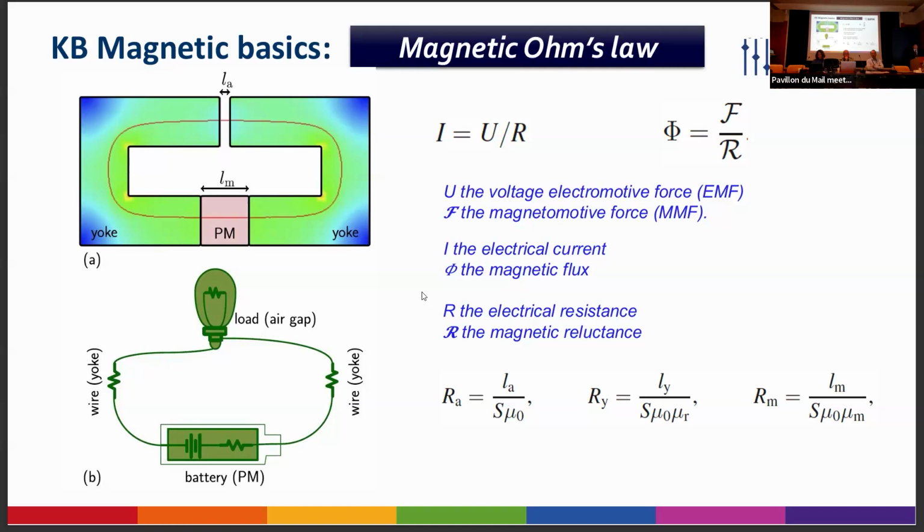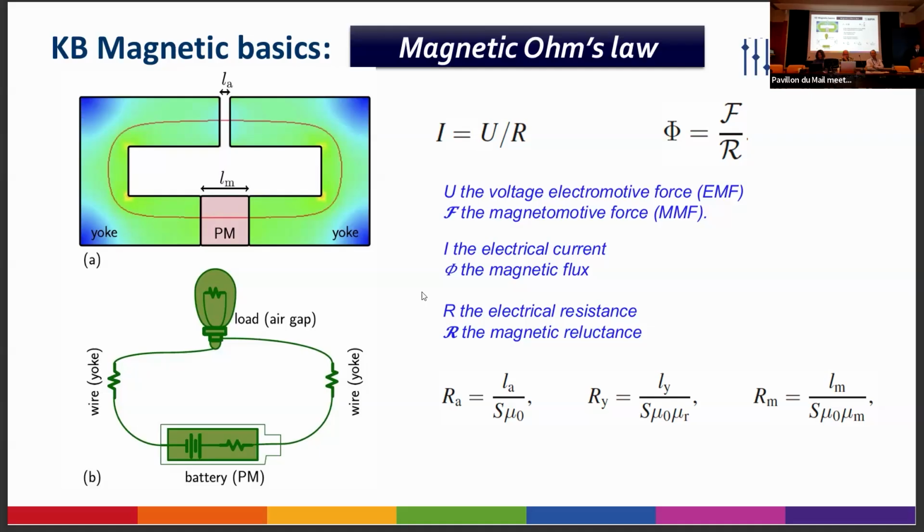And we can also have relations between these fundamental quantities, like the EMF to the MMF, the current to the magnetic flux, and the electrical resistance to the magnetic reluctance. By definition, the magnetic reluctance is proportional to the length along the flux, and inversely proportional to the sectional area and the permeability mu.